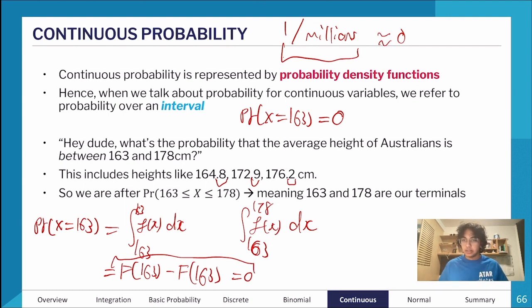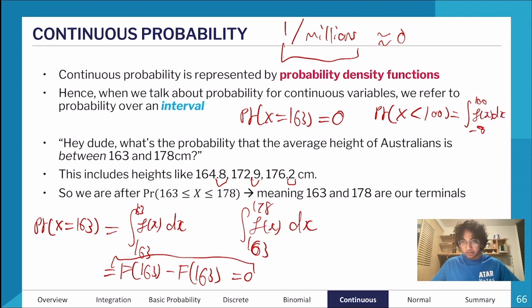What's the probability that this ball has a speed between these two values, or less than this, or greater than this? If they ask you, what's the probability that x is less than 100, you would do an integral from negative infinity to an upper bound of 100, right?